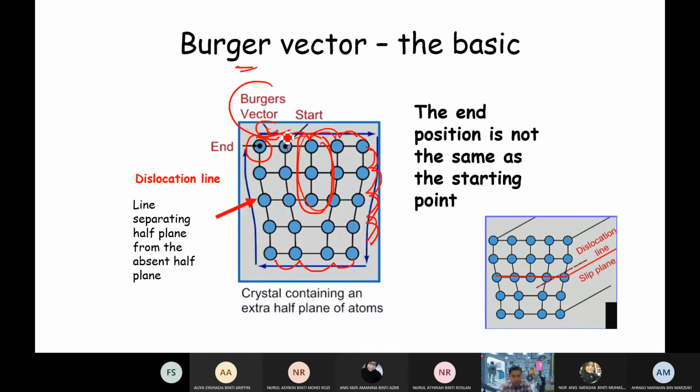If we look at the figure here from the front, but if we look from the side, we can see that the dislocation enters deep into the crystal.